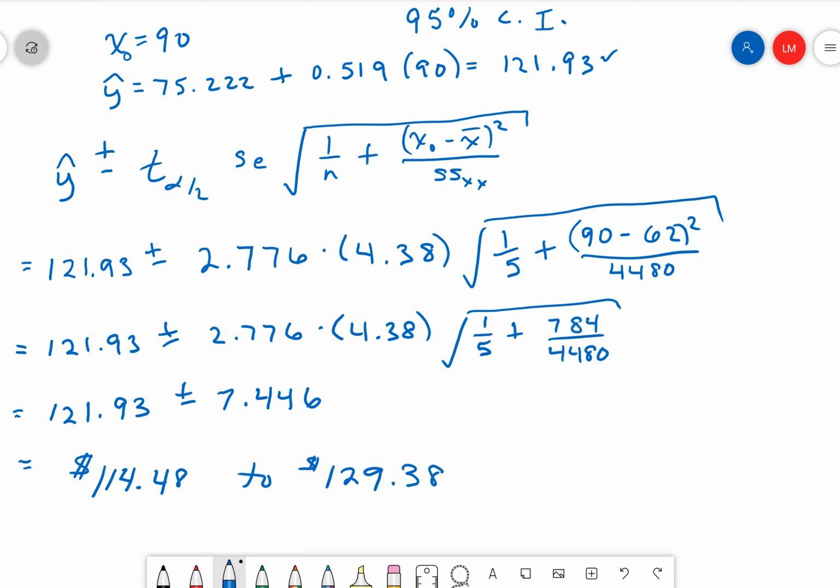So we have $114.48 to $129.38 as a confidence interval for y hat, the expected value of y, given a new value x equals x naught. In this case, it was 90.